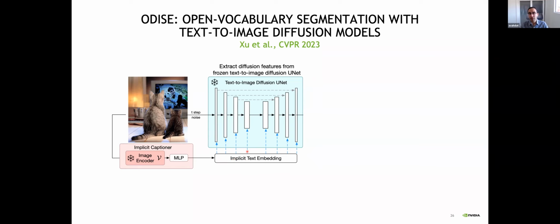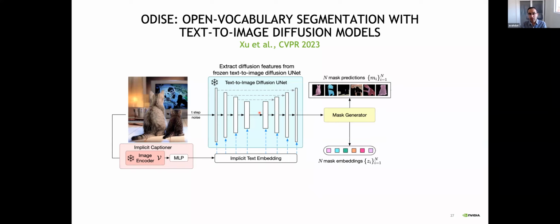Now that you have this, you can pass the image and the text embedding to the denoising text-to-image diffusion UNet, and extract representation from the intermediate layers of the UNet. Now, what we did after this, we gave this to a simple segmentation model, a mask generator that generates masks and embeddings from these masks.